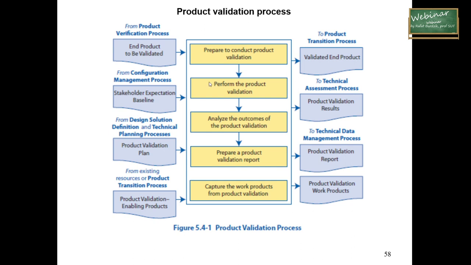The next step is to perform the product validation. I need to have the stakeholder expectation baseline, because it is the way I will compare and assess if the product is good.